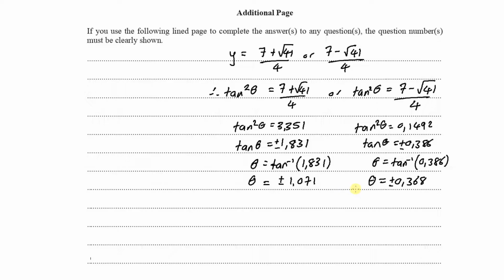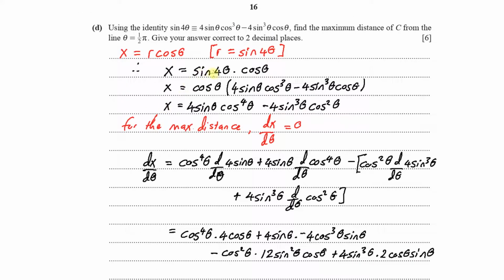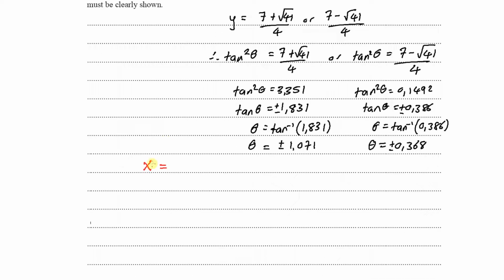Now if you substitute these values into x, remember we'd gotten x to be equal to r cos theta, and x is here sine 4 theta dot cos theta. That's a simpler one. So sine 4 theta cos theta. So if we are going to substitute these values of theta into this, you're going to find that we will get maximum value of x when theta has the value 0.368.